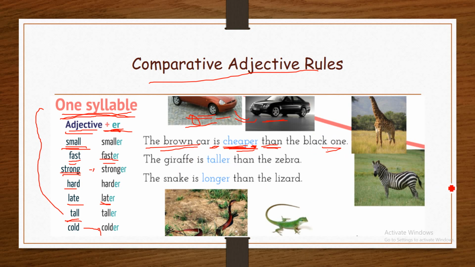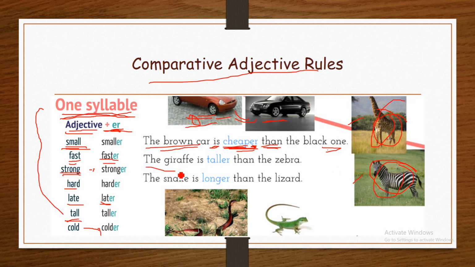The giraffe is taller than the zebra. This is a giraffe, and this is a zebra. This one is taller than this one.